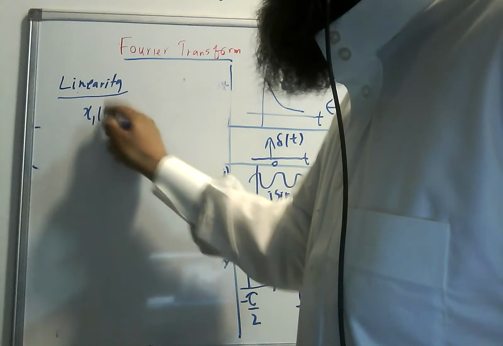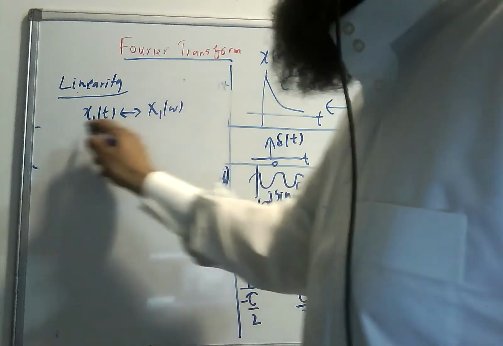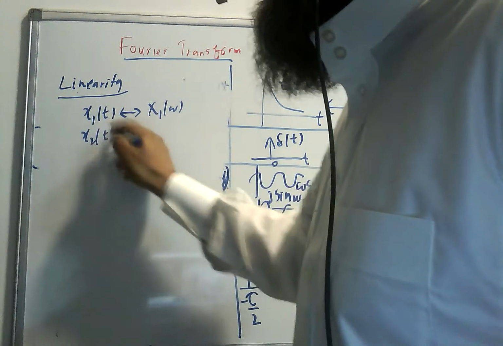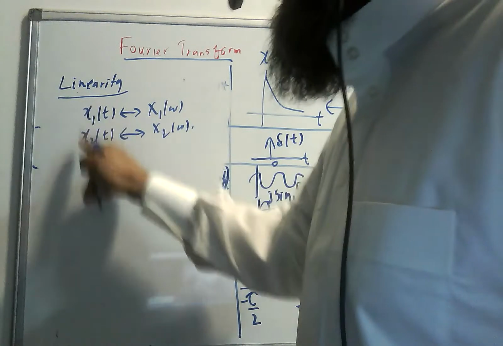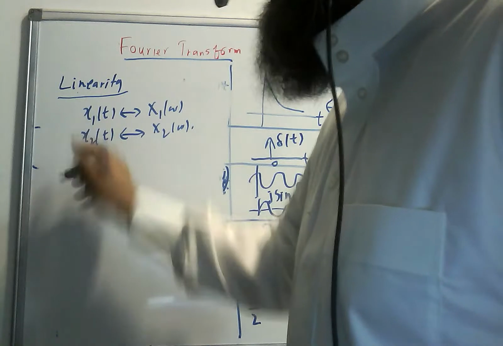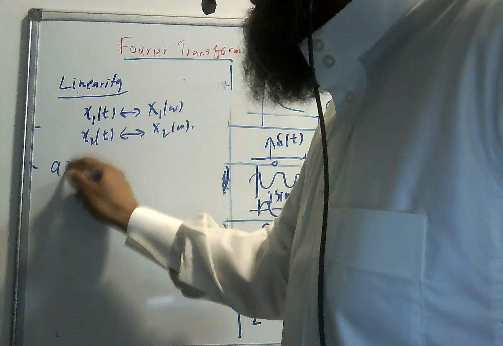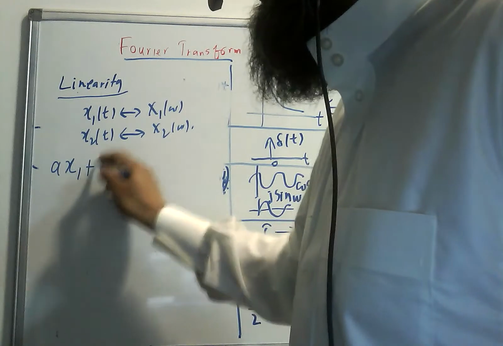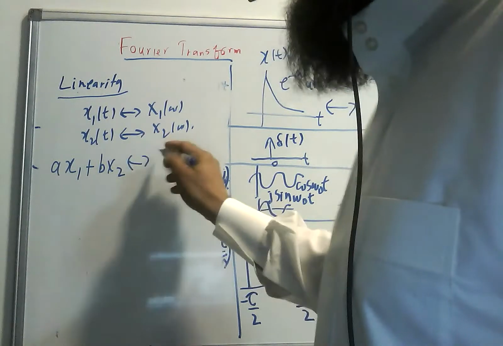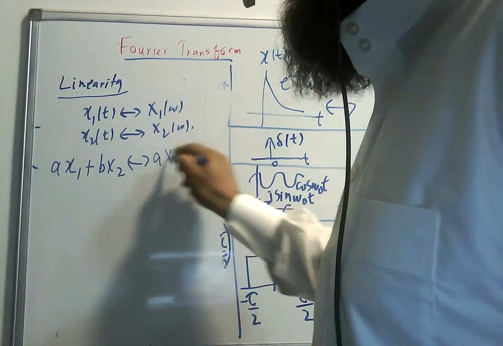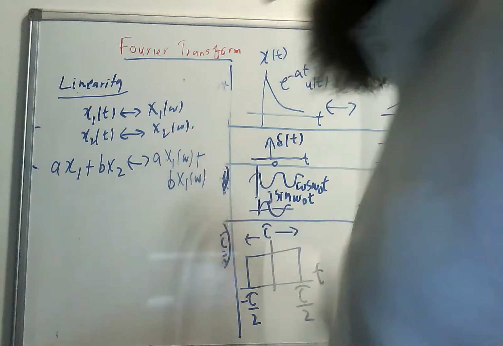So if we have a Fourier transform of x1, which is X1 of omega, and Fourier transform of x2, which is X2 of omega, then if I just add these two in the time domain and multiply by any values, so a x1 plus b x2, the Fourier transform will be just a X1 of omega plus b X2 of omega.